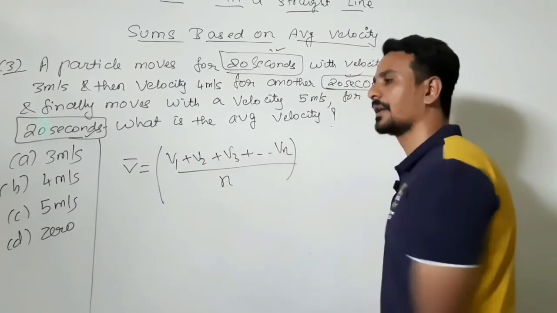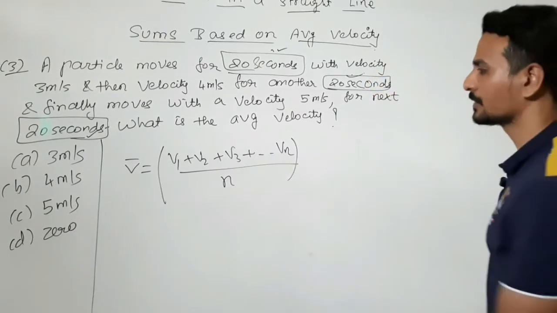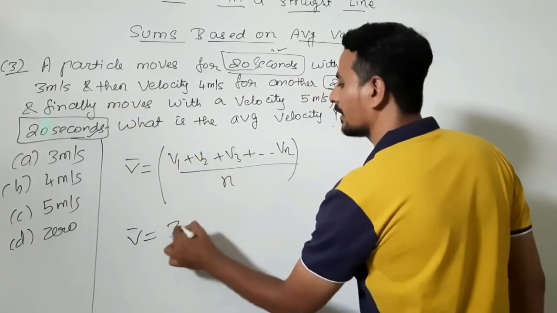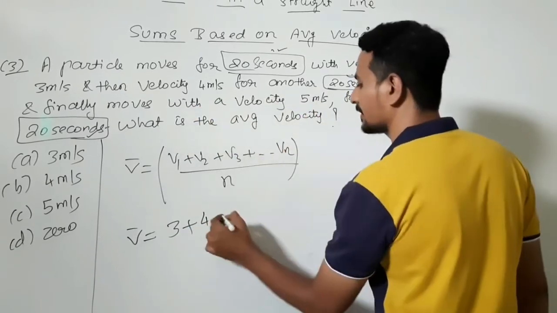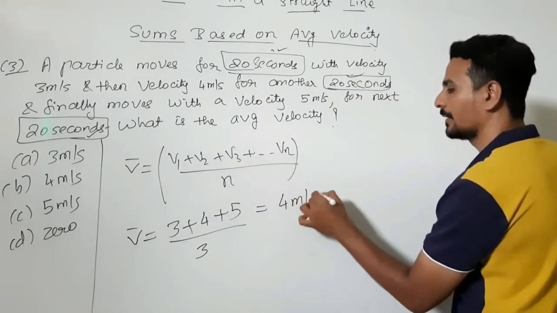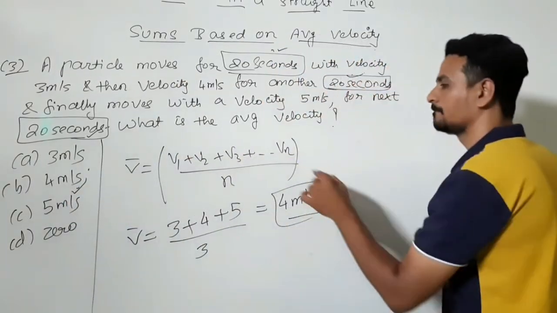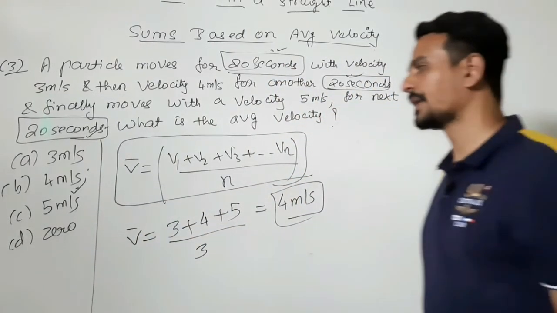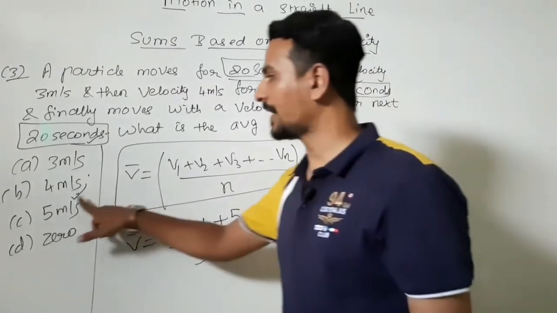Using this formula directly, the first velocity is 3, another velocity is 4 and finally the velocity is 5. So 3 plus 4 plus 5 divided by 3, it is 12 by 3, 4 meter per second, right? If you want to see the derivation of this formula, you can go to the previous videos. So this is your answer, 4 meter per second, option B.